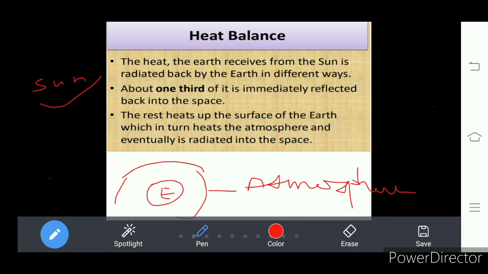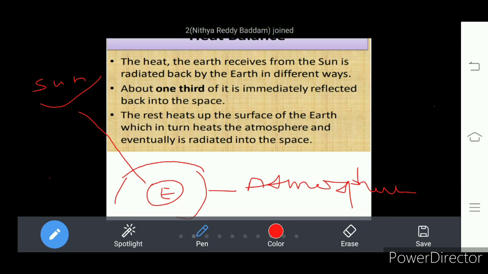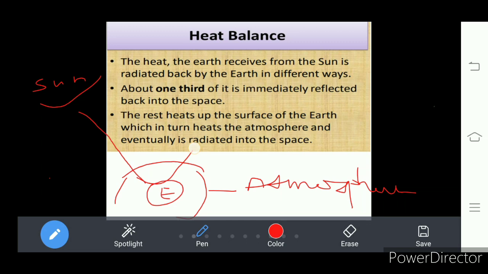When solar radiation passes to the earth, it becomes heat, and this heat is reflected again into space by the earth, understand? Whatever heat is received by earth, the excessive heat is released, that means radiated back into space. In this way, earth maintains a balance in the heat.